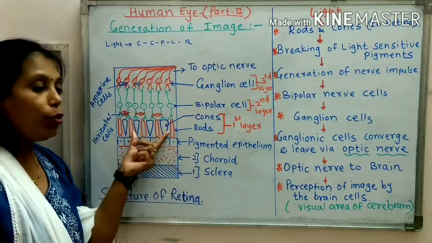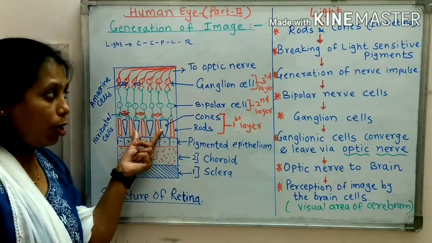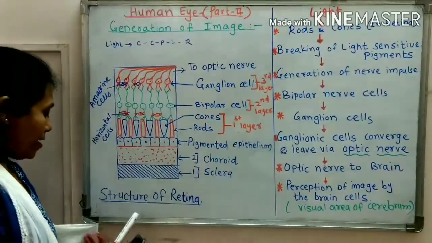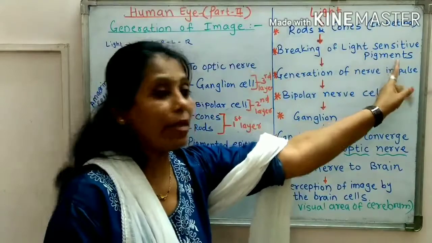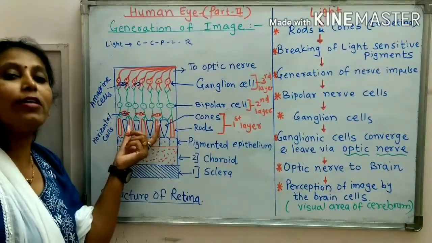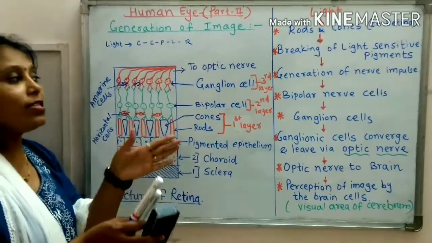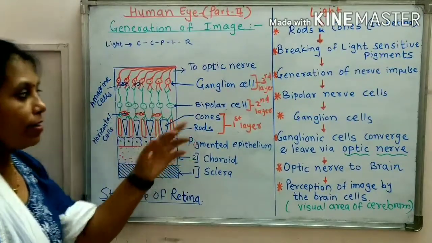Now come to the first layer, rods and cones. When the light falls, there is a breaking of the light sensitive pigment. Whatever pigments are present in the rods and cones break down and create the impulse.